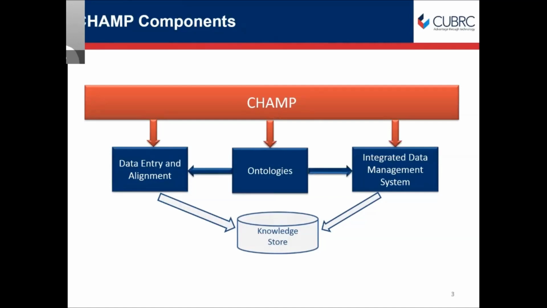At the center of these components are the ontologies that are being developed. And on the one side, the data entry and alignment, we want to be able to do two things. We want manufacturers to enter their legacy data so that it conforms to the ontologies. And we also want them to be able to enter new data in accordance with the ontologies so that it will get stored into a central knowledge store.